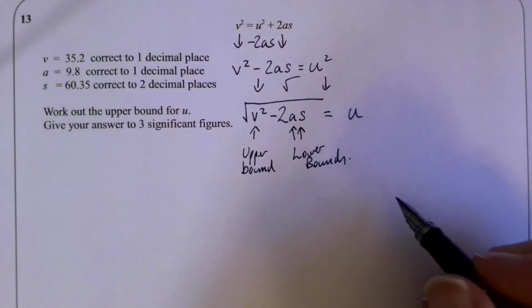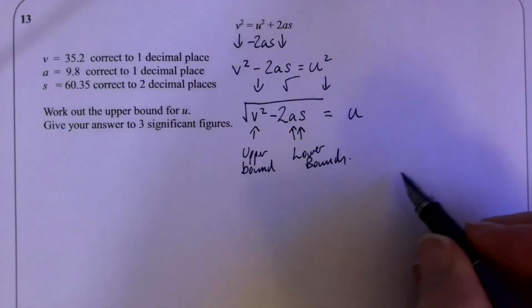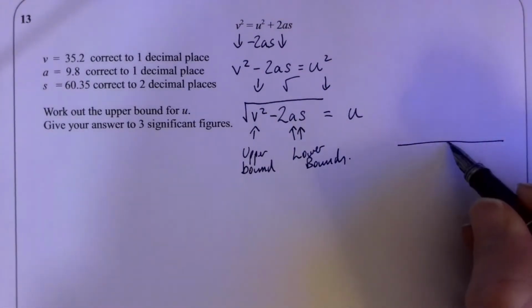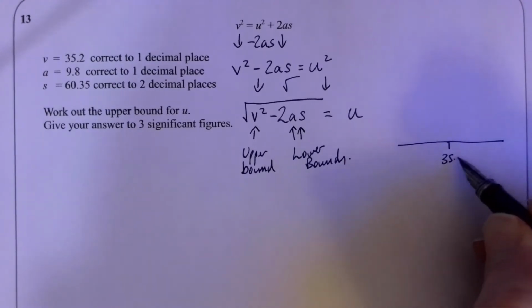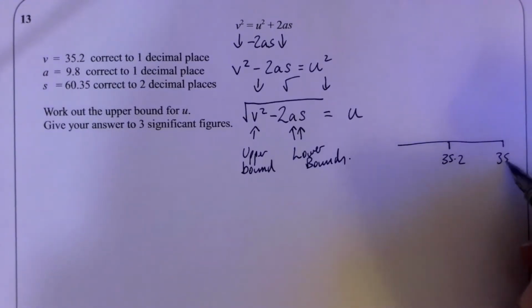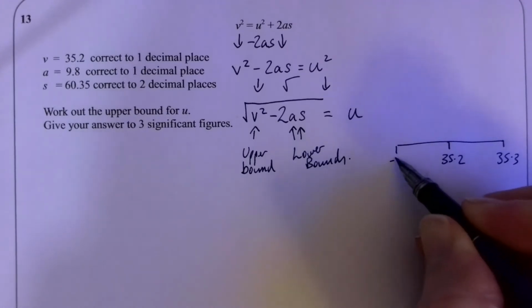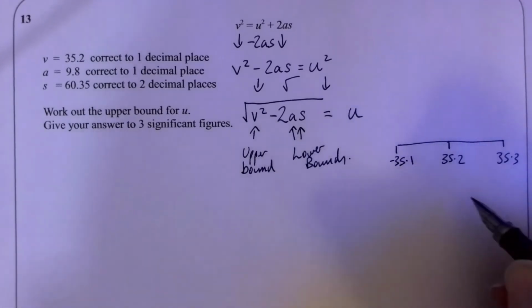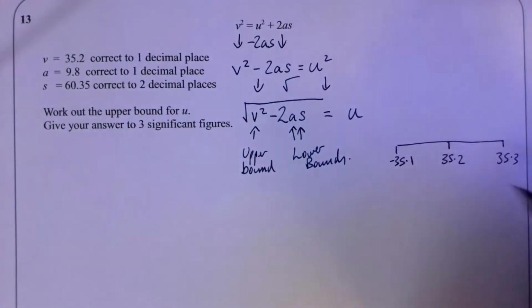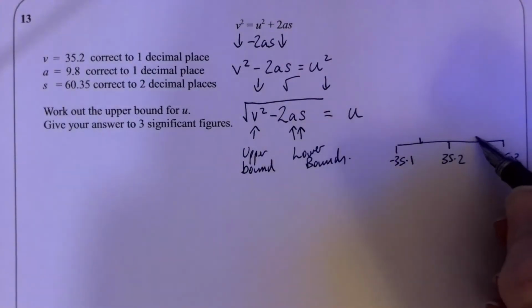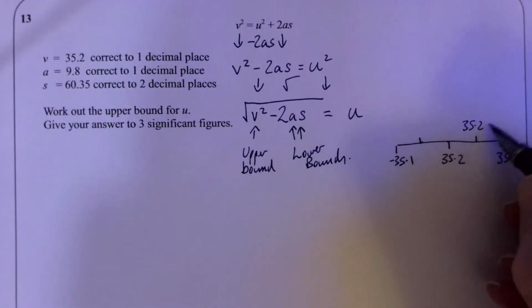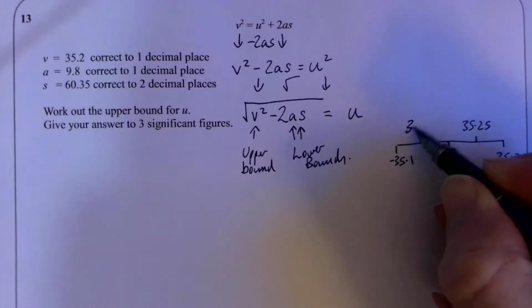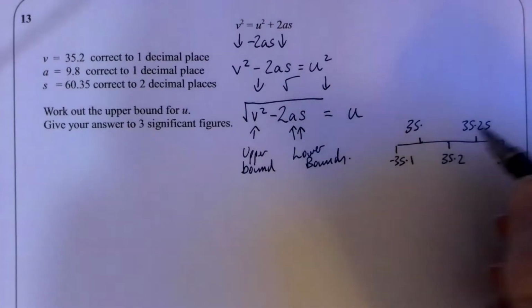So now, finding the bounds for v, we've got 35.2, that's going up to 35.3, and down to 35.1, and that's going to be in between 35.25 and 35.15.